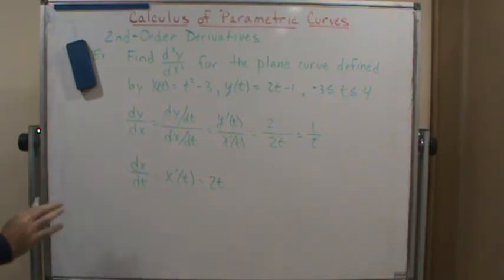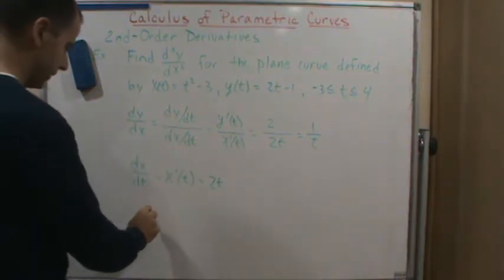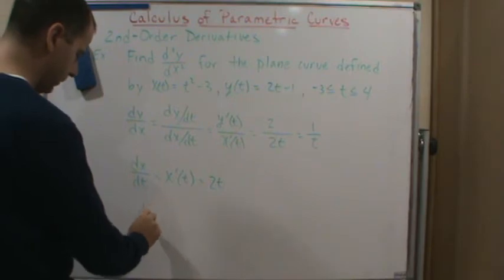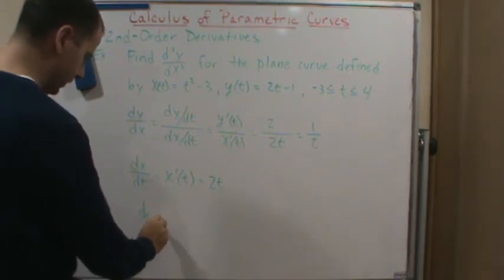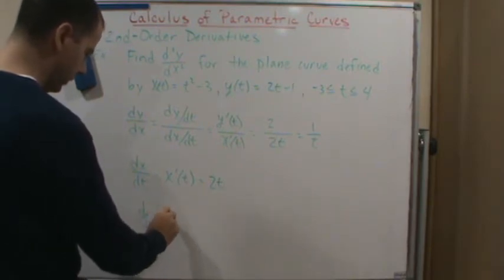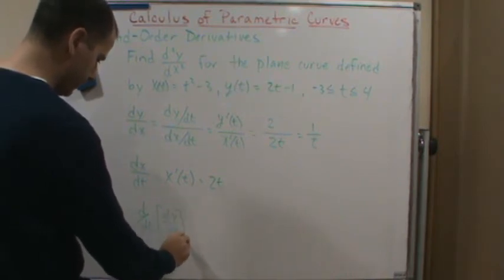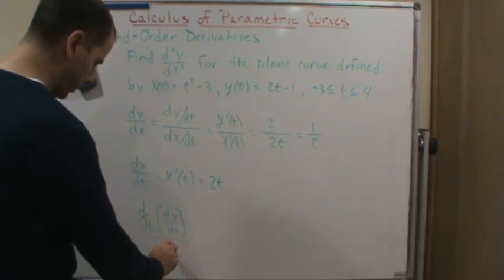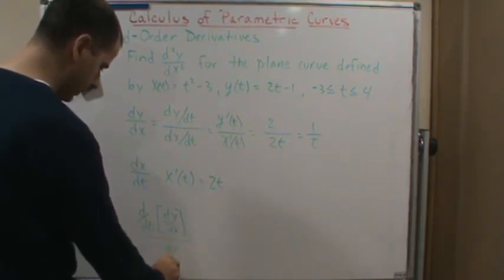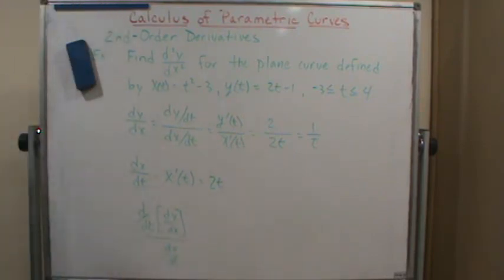So now, how do we find the second derivative? It's d with respect to t of dy/dx over dx/dt, right?